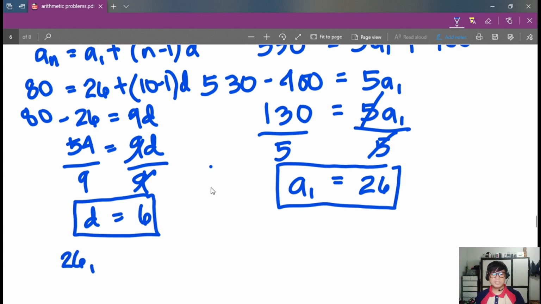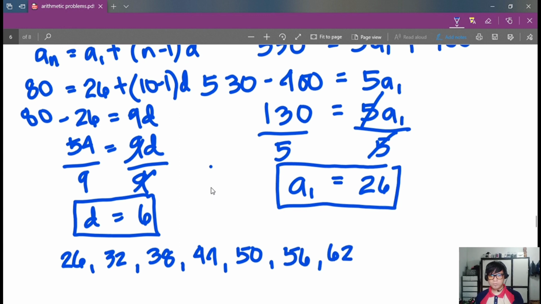So, 26 plus 6 is 32, 38, 44, 50, 56, 62, 68, 74, 80. So, how many terms lahat? So, 1, 2, 3, 4, 5, 6, 7, 8, 9, 10. So, there are 10 terms.